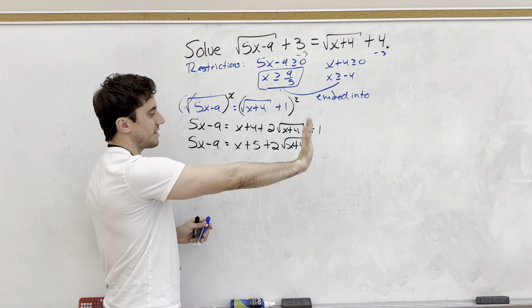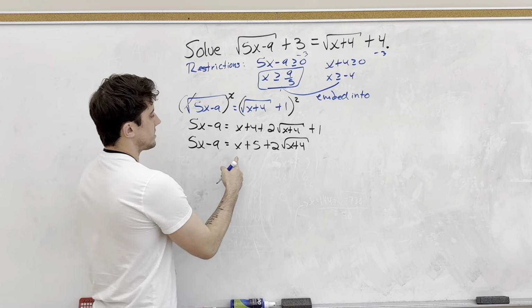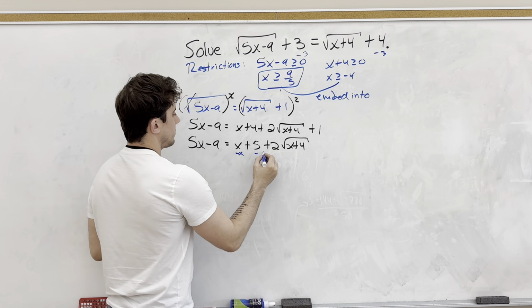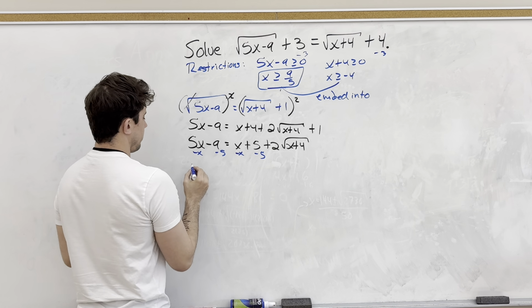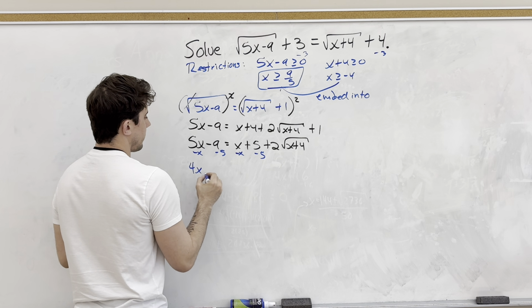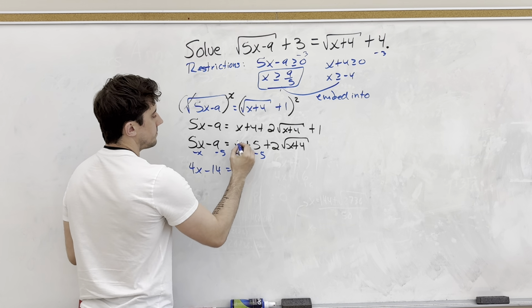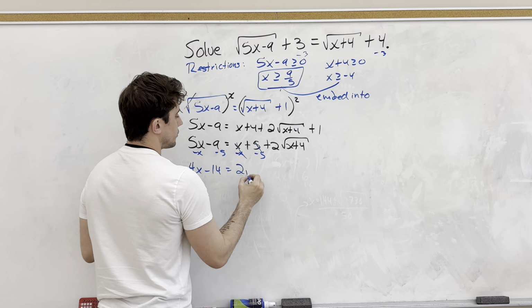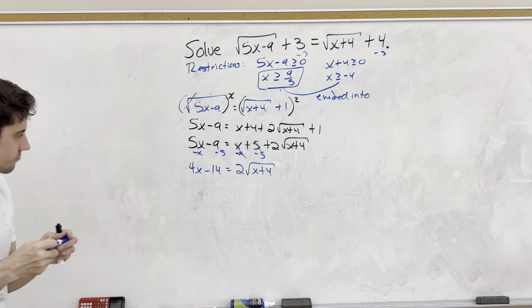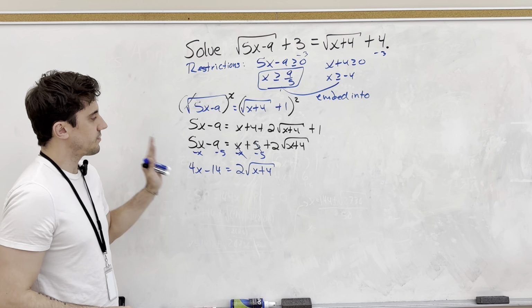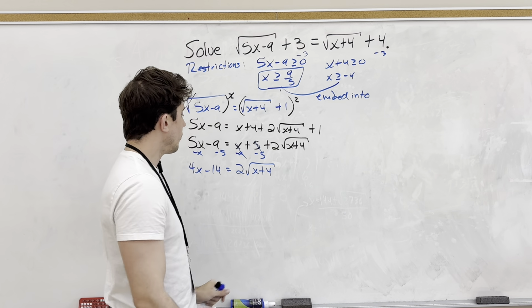Let's get it all by itself on one side. So let's move this stuff, subtract x, subtract 5, and so we get 4x minus 14, these cancel out, is equal to 2 square root of x plus 4.